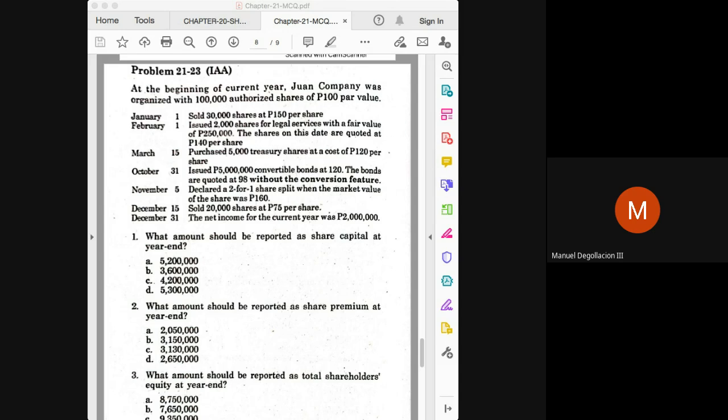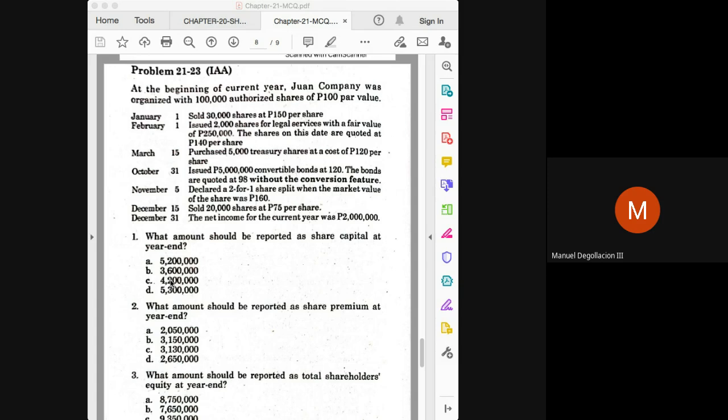So your entry here would be debit cash 1,500,000 and then credit share capital for the par value of the 20,000 shares. 20,000 shares times 50, that will give you 1 million. Okay, and then credit share premium 500,000 for the excess.